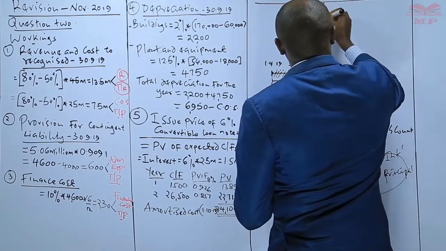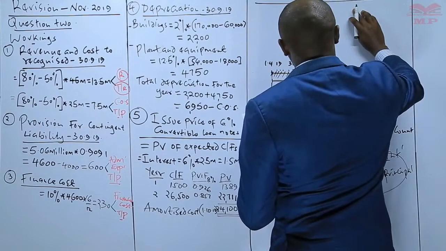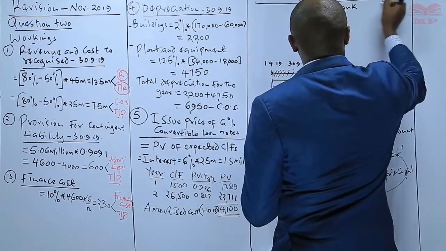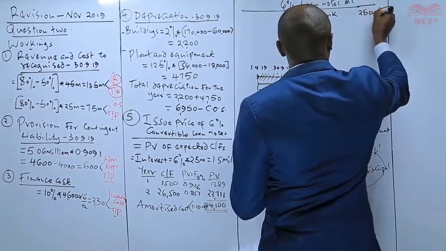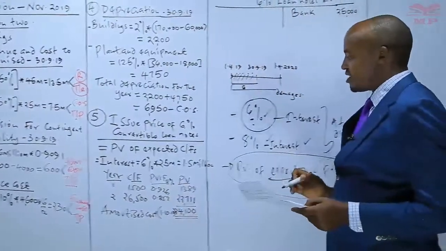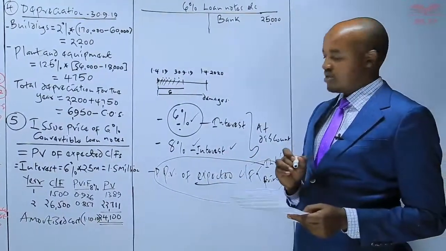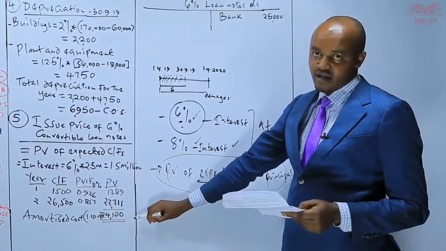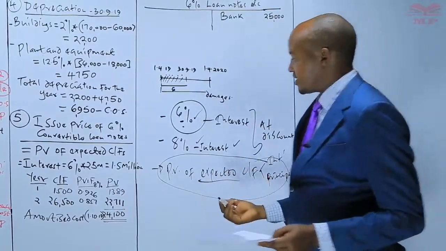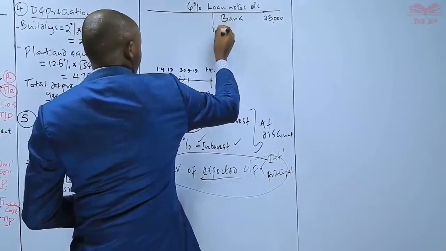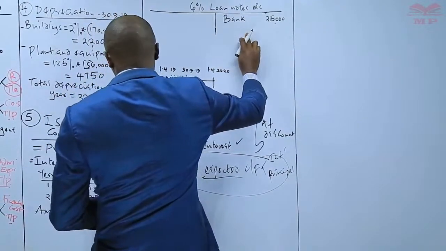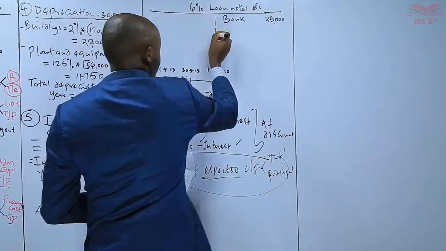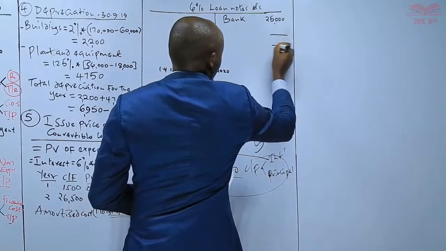When they were issued, the company credited this account with an amount of 25 million, or basically 25,000. But we have said because they were issued at a discount, the amount which was supposed to be credited here was 24.1.